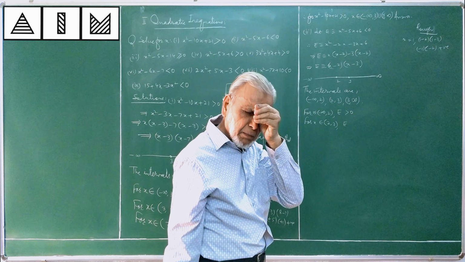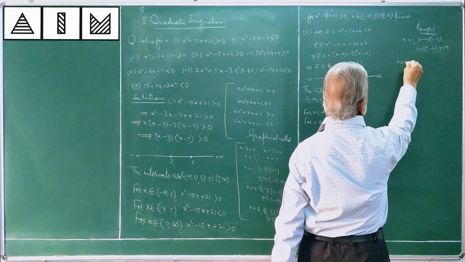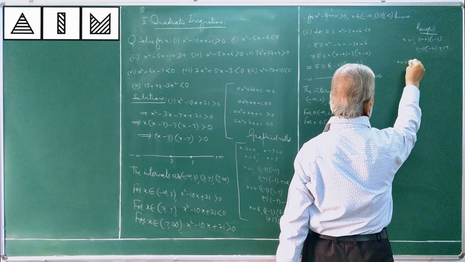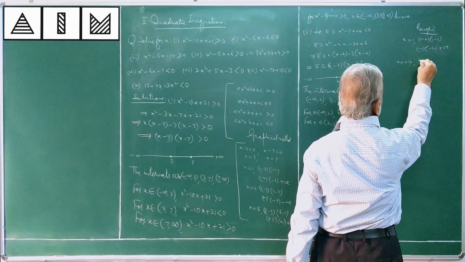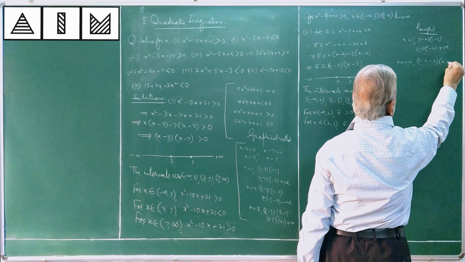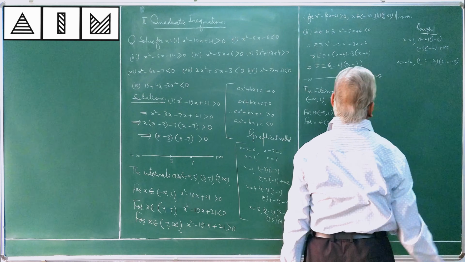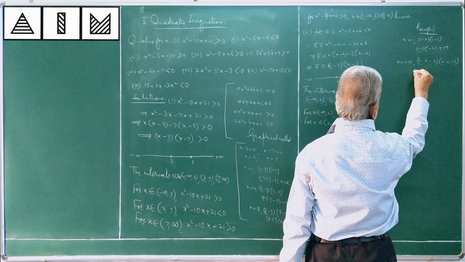You can take any number. I am taking 2.2. Substitute here. This is giving you 0.2 plus.